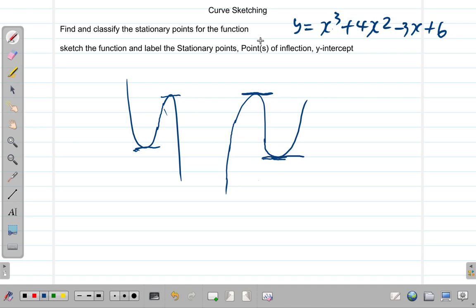So, find and classify the stationary points. We need the gradient function and then equate it to 0, because the gradient function tells us what the gradient is at a certain point if we substitute x in it, and at the stationary points the gradient is equal to 0.